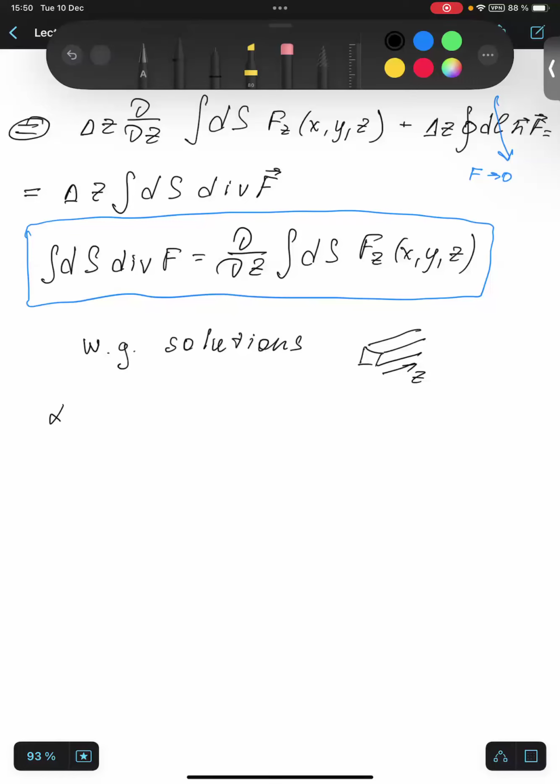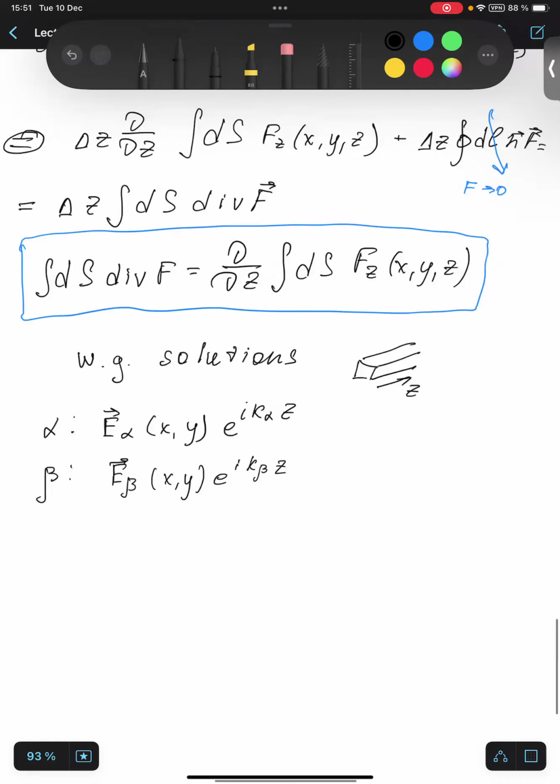For example, first one alpha is E alpha x y e^{iK_alpha z}, and beta is E beta x y e^{iK_beta z}. So this has two eigenmodes of the waveguides.